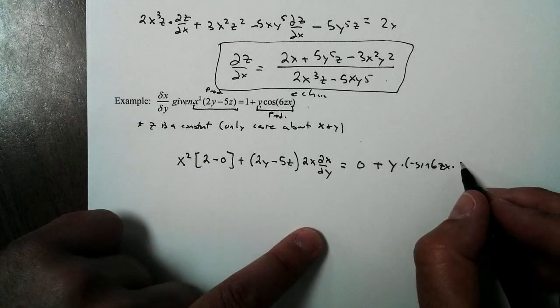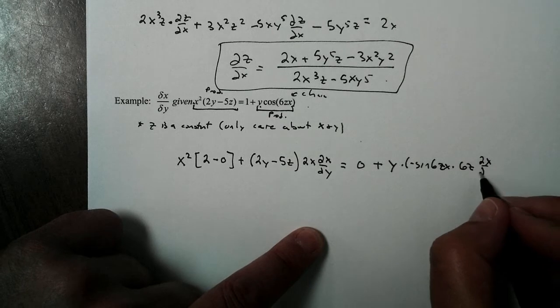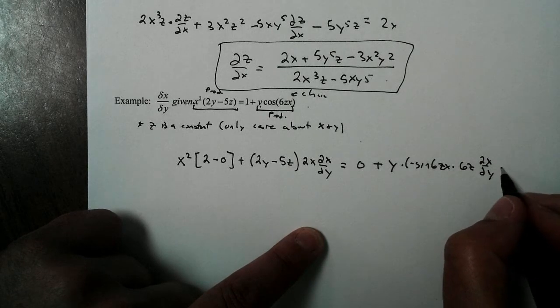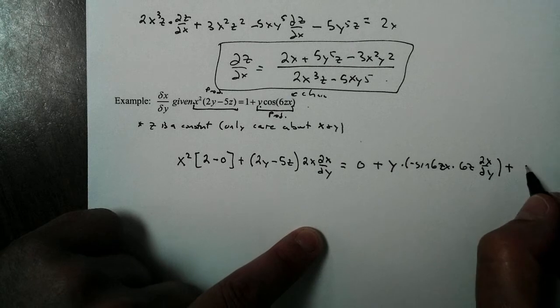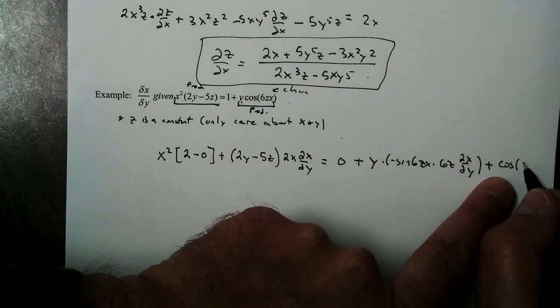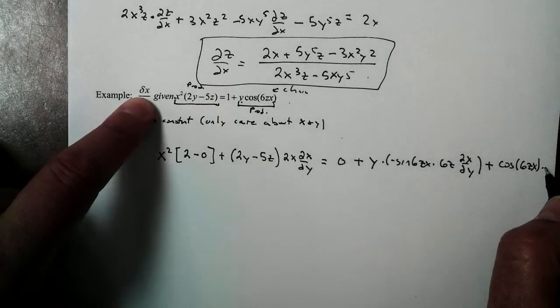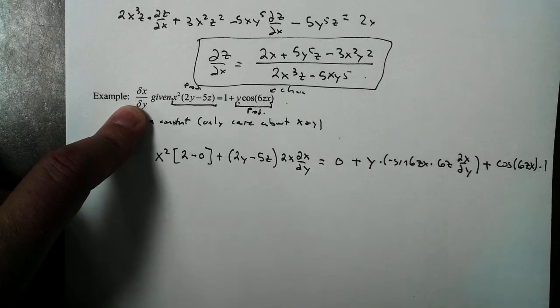So we get times 6z times the partial of x with respect to y, plus the second cosine of 6zx times the derivative of y. I'm taking the derivative of y with respect to y, so that's just 1.